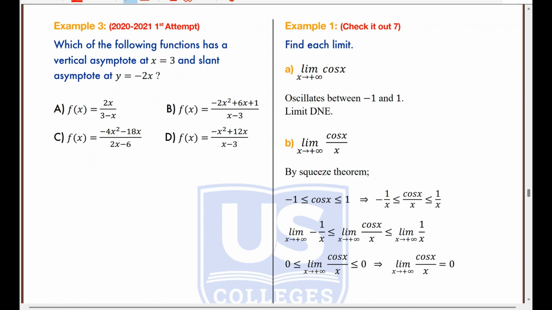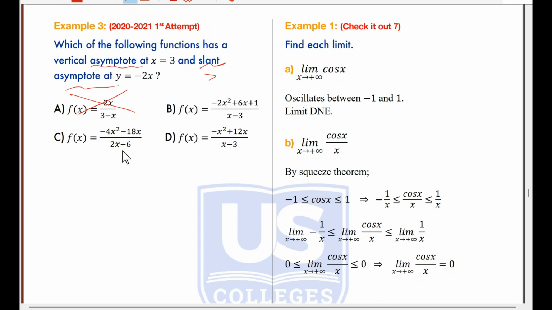Which of the following functions has a vertical asymptote at x equals 3 and slant asymptote at y equals negative 2x? First of all, in order to have a slant asymptote, the degree of the top should be 1 more than the degree of the bottom. In option A, the degrees are the same, so there is no slant asymptote. Option B, yes. Option D, yes. C, yes. What about vertical asymptotes?